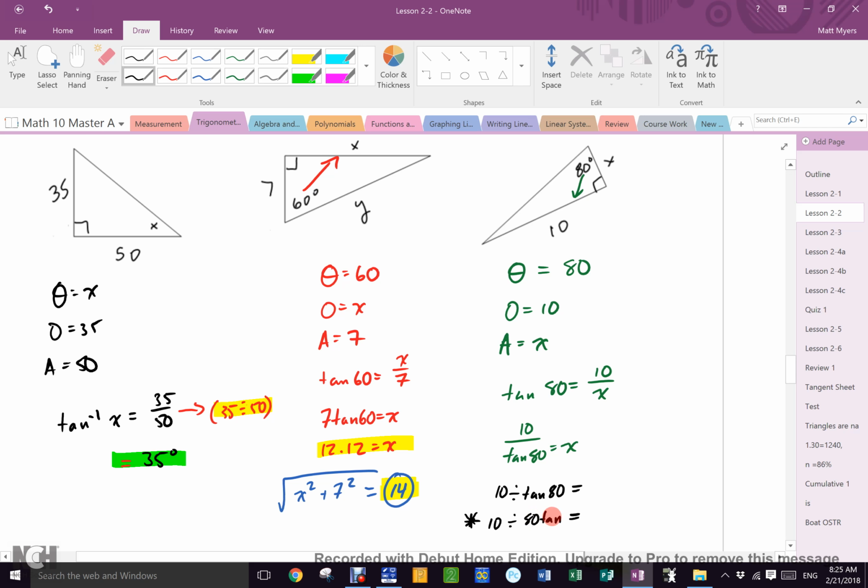Because when you hit 80 tan, your screen is going to change. Is that the answer? No, because until you hit equals, your calculator is not giving you an answer. It is just doing work. Does everybody understand? Aiden. So you divide 10 by tan 80, not tan 80 by 10? Yes. 10 divided by tan 80.